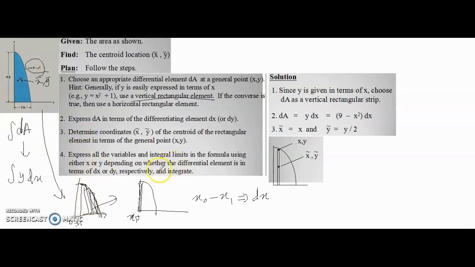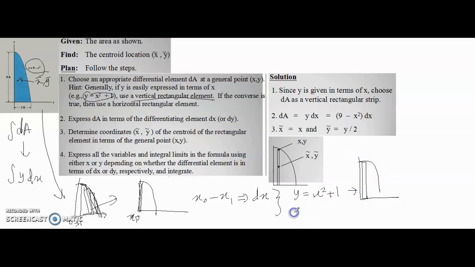So you need to decide whether you want to use the function of y in terms of x or x in terms of y. For example, y equals x squared plus 1. For this one you need to use the vertical rectangle element like this one.